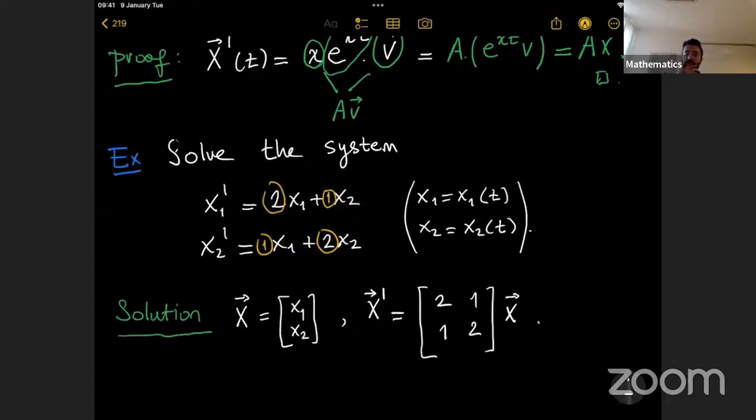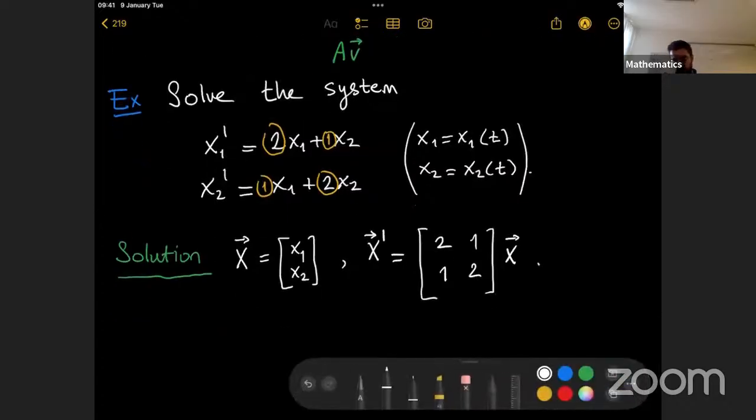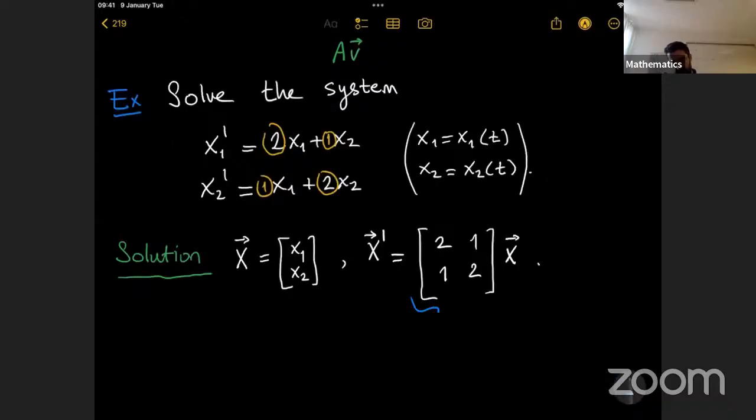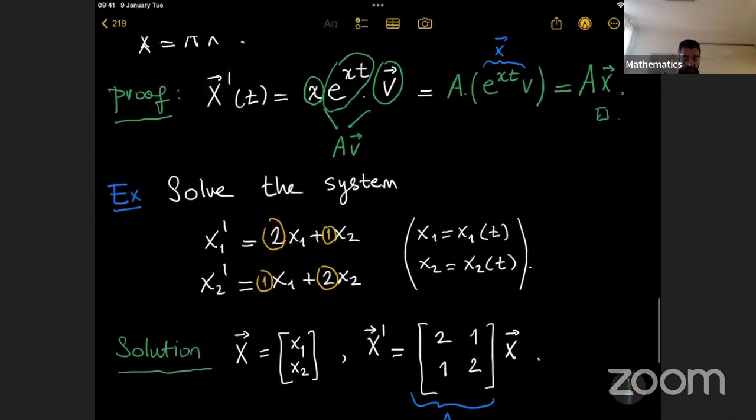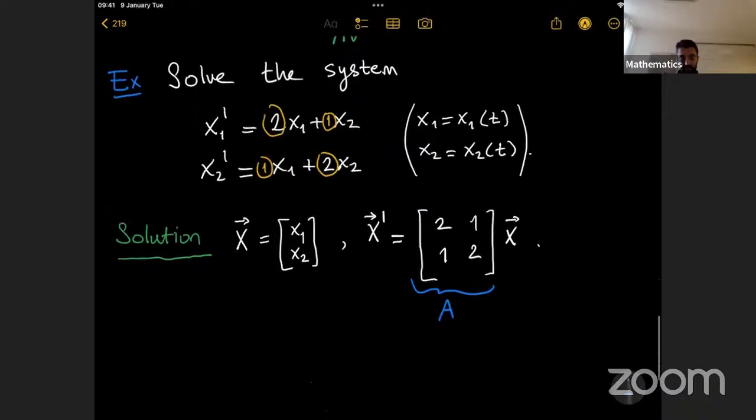This is your matrix A. Remember, the theorem says in order to find the solution, you need to find an eigenvalue, an eigenvector, and write the solution like this. So let's find the eigenvalues.